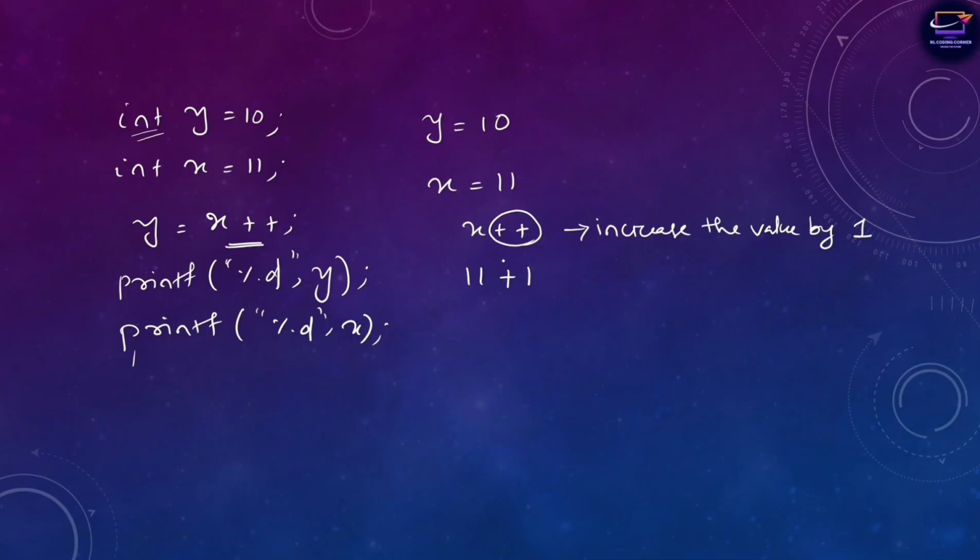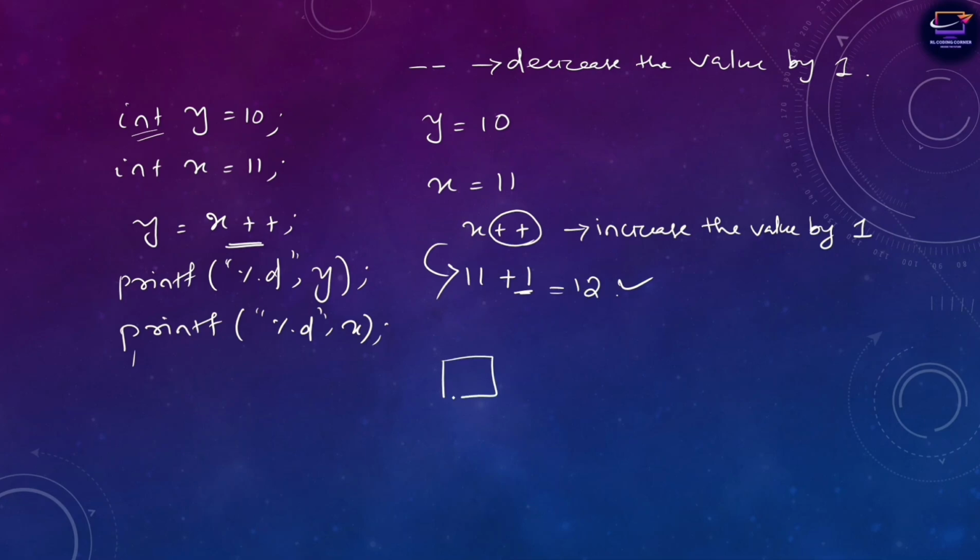Minus minus is decrement, which decreases the value by 1. Okay, so 11 plus 1, it is 12, will be stored here. Normally we know that if x is 11, and we write x plus plus, then x is 11 plus 1, so the value would be 12, which will be stored in y.